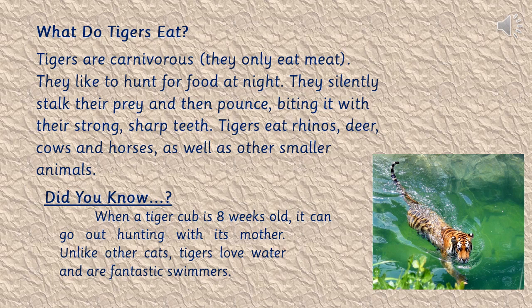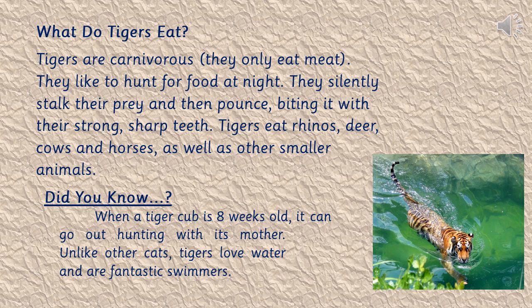Now there is an interesting fact also about tigers. Did you know when a tiger cub is 8 weeks old, it can go out hunting with its mother? Number 2, unlike other cats, tigers love water and are fantastic swimmers.